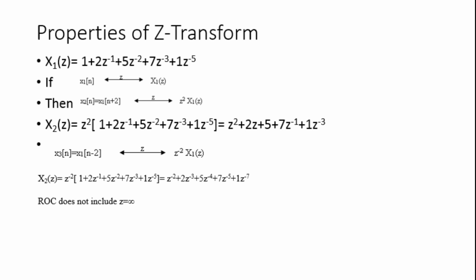Then x3 of n is equal to x1 of n minus 2. If we take the z transform of that, we get z to the power minus 2 into x1 of z.